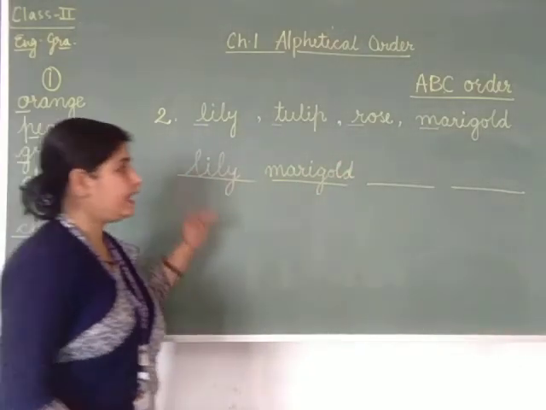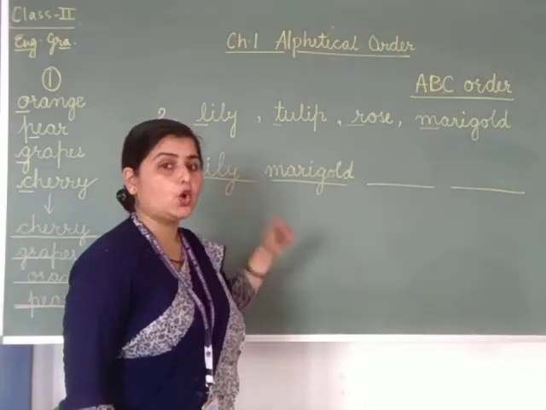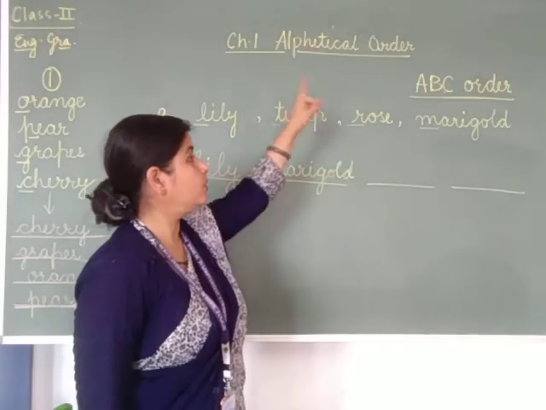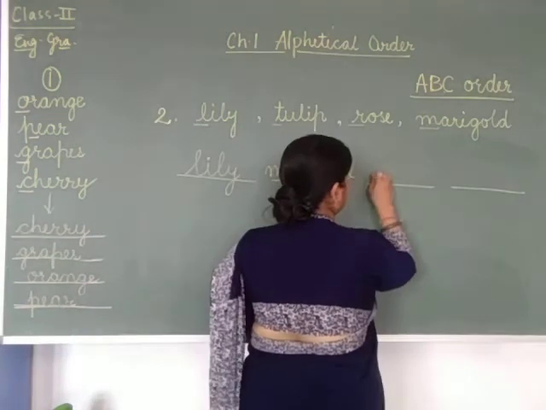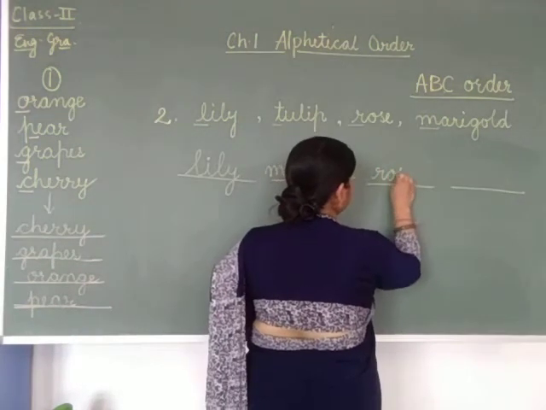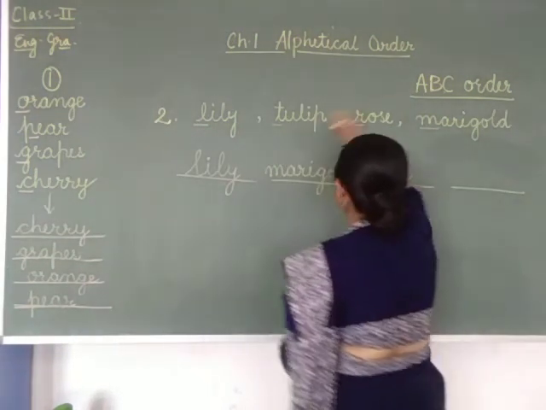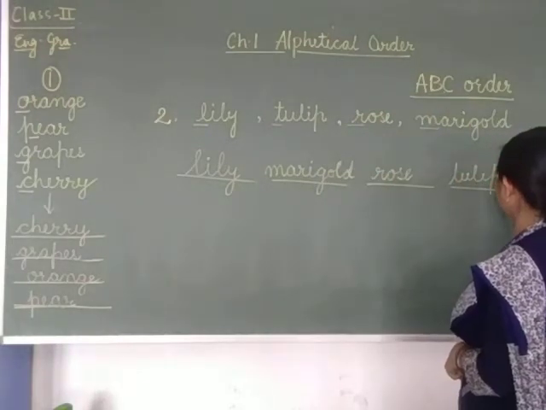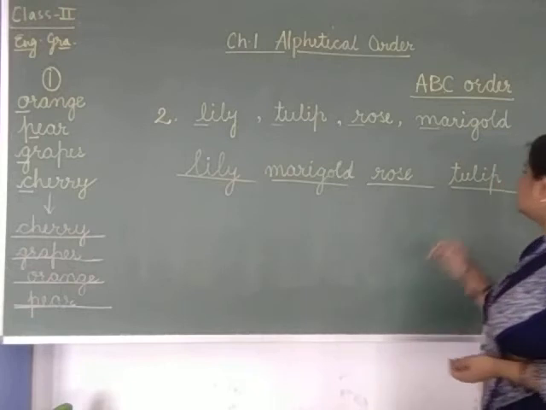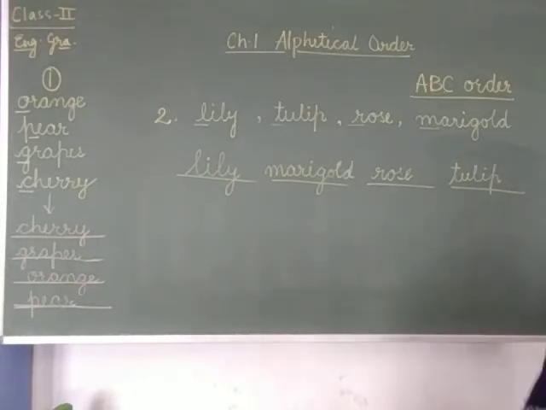Then again L, M, N, O, P, Q, R. I have got the third flower of alphabetical order as rose. And the last one will be tulip. So this is the manner how we write the words in an alphabetical order.